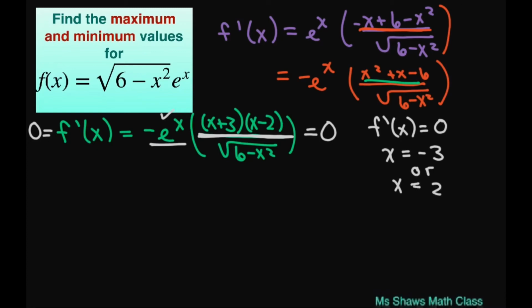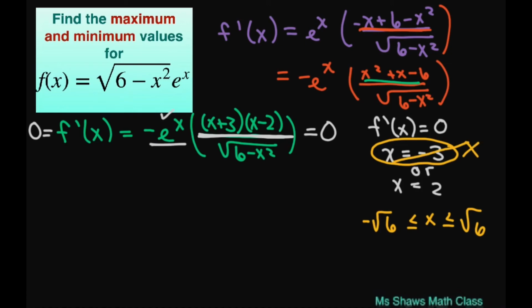But recall that our domain is x in between negative square root of 6 and square root of 6. So this x equals negative 3 doesn't fall in our domain. So we have to disregard this as an extraneous solution. So we're only looking at x equals 2.